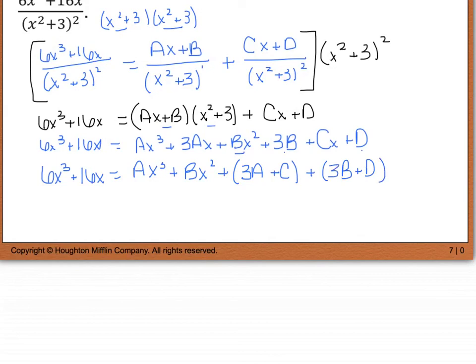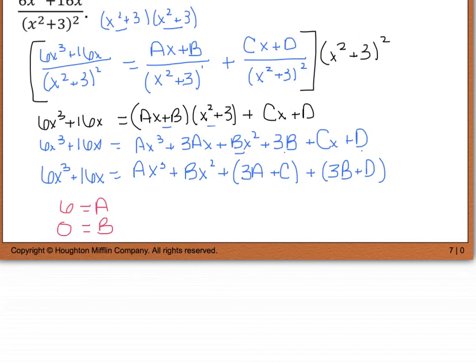Okay, so now I'm going to equate everything. For my x cubed terms, I have 6 equals a. Then for my x squared terms, I don't have any x squared terms over here, so I'm just going to say 0 equals b.